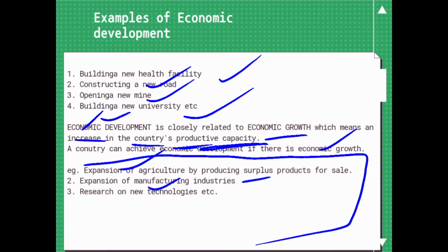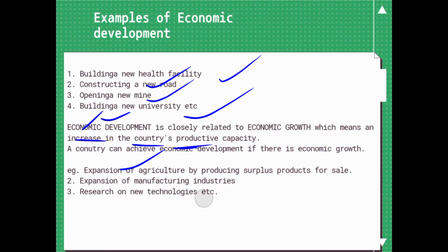These are the things which can lead to the country achieving economic growth. And at the end of the day, it will achieve a very important thing known as economic development. Very good. So we proceed.